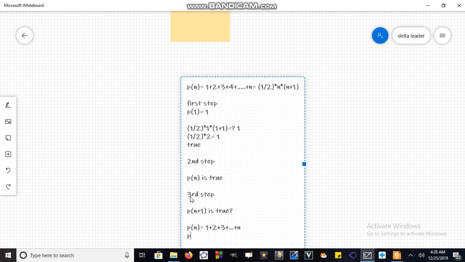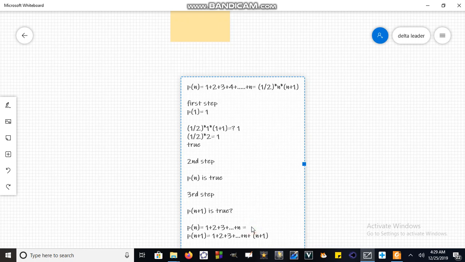So Pn plus 1 must be equal to 1 plus 2 plus 3 plus dot dot dot plus n and plus n plus 1, which means the term which comes just after.